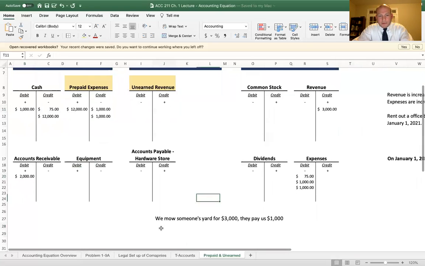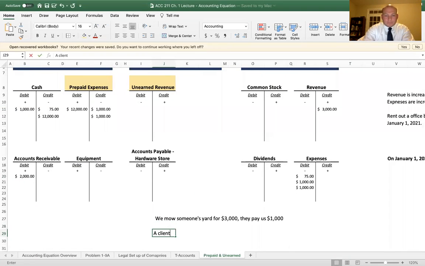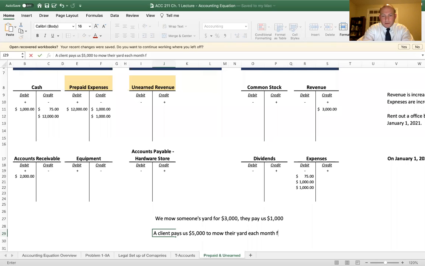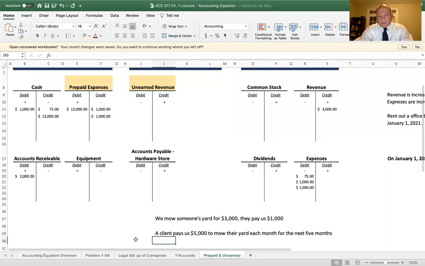Now let's say we have a client who pays us $5,000 to mow their yard each month for the next 5 months. So it's $1,000 a month. We have not mowed any yard yet, so we have not earned any revenue, but we've received cash, so we have to record that.